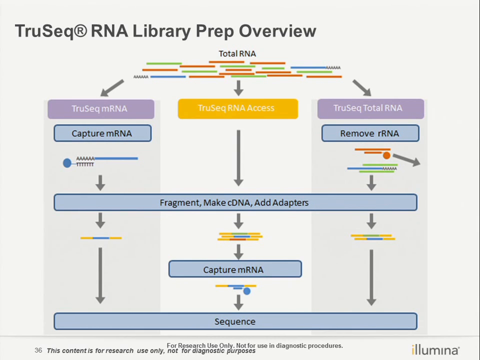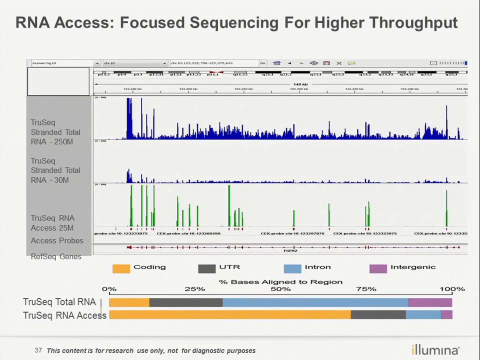So in this way, it can effectively capture the mRNA, no matter whether the RNA sample is fragmented or not. So this kit is extremely helpful for FFPE sample sequencing. And because the capture efficiency is very high, it requires a small amount of sample input, only 10 nanograms compared to 100 nanograms for the other two kits. So let's see the comparison of the results.